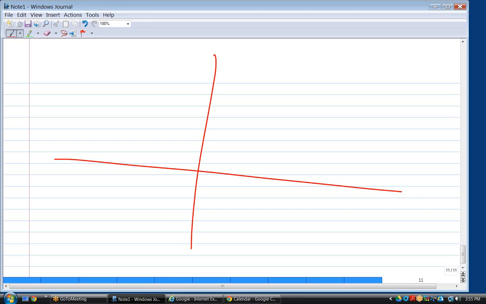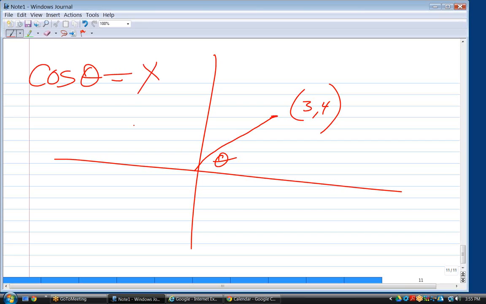Okay, it's 3, 4, and then find cosine of theta. When I draw the unit circle and I draw these angles, cosine of theta is always equal to the x-coordinate. The sine of theta is always equal to the y-coordinate.